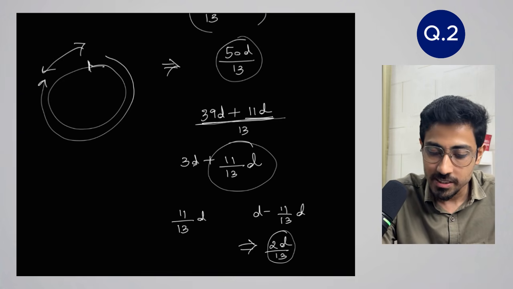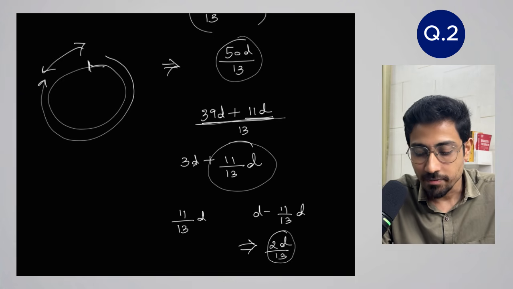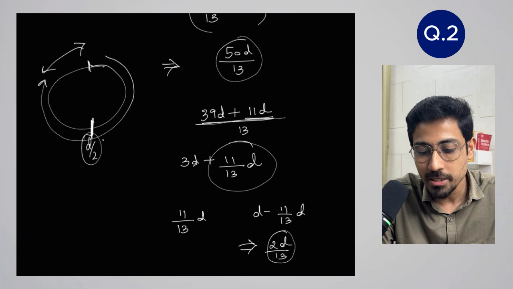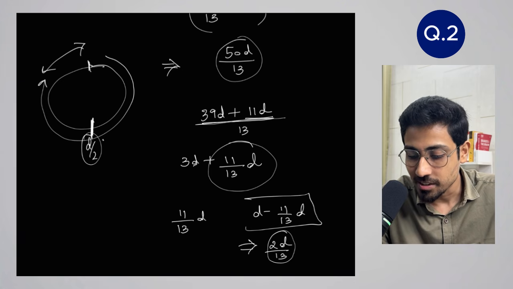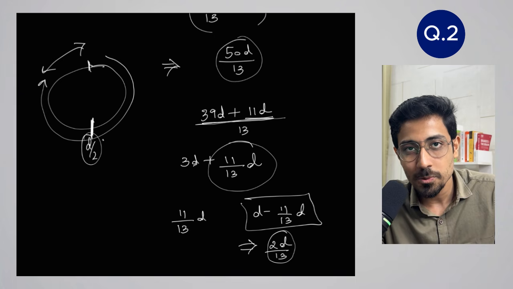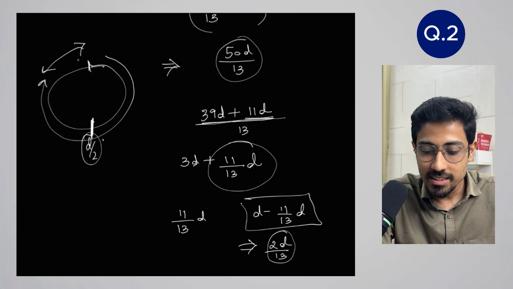I hope this is also clear. Remember, whenever they have crossed more than d by 2, always do this subtraction, because that part will be closer to the starting point in this direction.